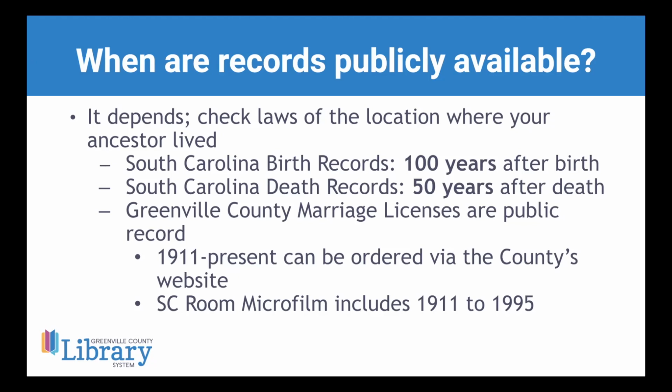Since we're focusing on South Carolina today, for South Carolina birth records, there's a 100-year delay for privacy. So they're not going to be publicly available until then. Right now, we have records on Ancestry for birth records that you can get, which we'll hopefully get to do a tutorial on a little bit if we have time.